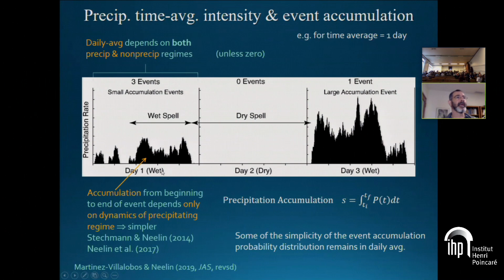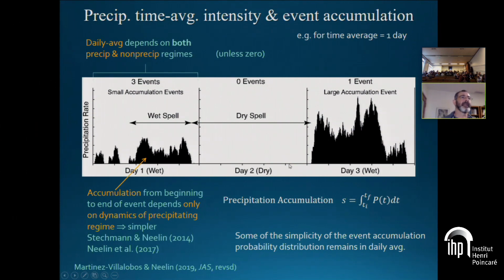Let's begin with an idealized time series of precipitation with the time axis running along here. And in a single day, you could have multiple events where the precipitation starts, stops for a while, starts again, stops for a while, starts again. You can have very long events that continue for most of a day. They can even, of course, go over the boundaries of your day.